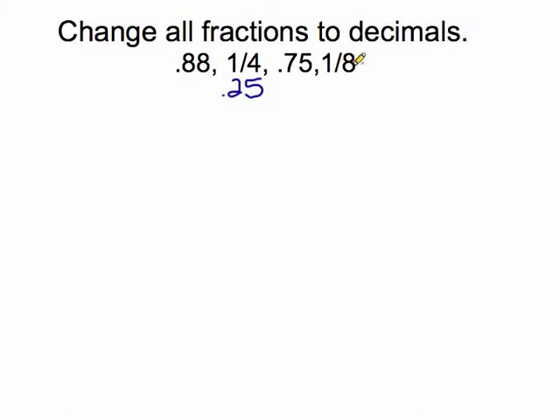Well, if I use the benchmark as a guide, I know that 1 piece of 4 is bigger than 1 piece of 8. So I am going to put this first because I know that 1/8 is smaller. Then we're going to go with 1/4.